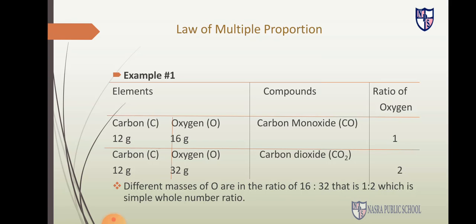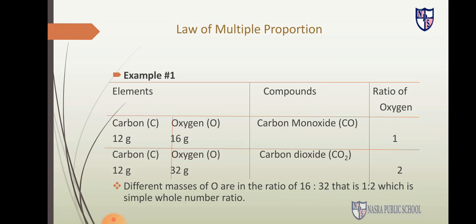And in carbon monoxide, there is only one atom of both carbon and oxygen, so these masses will be written as the same. However, in the formation of carbon dioxide, there is only one carbon atom but 2 atoms of oxygen. You already know the mass of one oxygen atom, that is 16 gram.